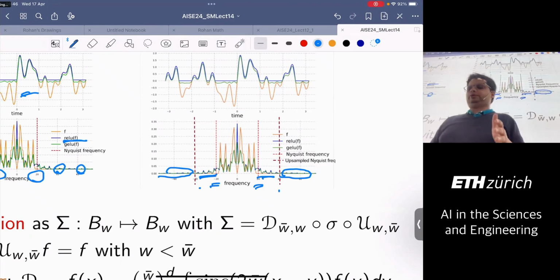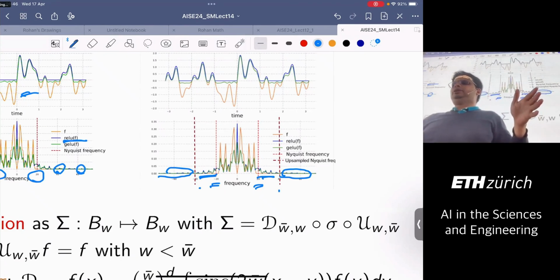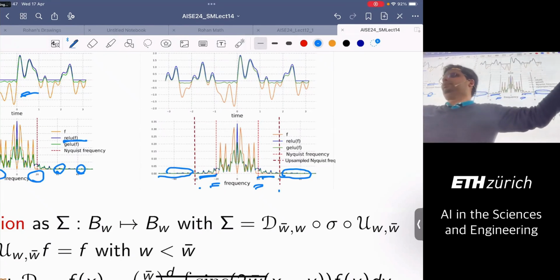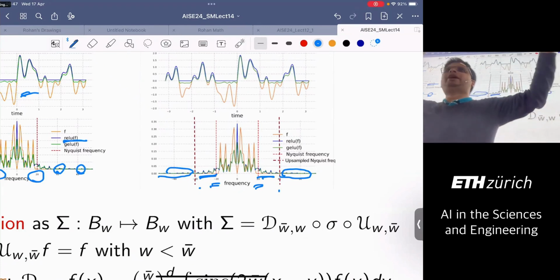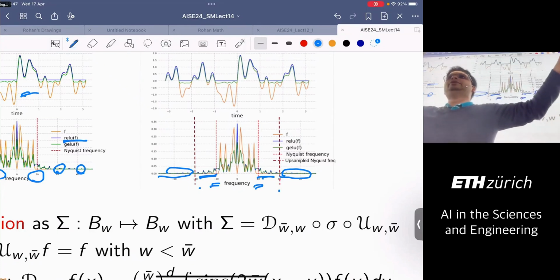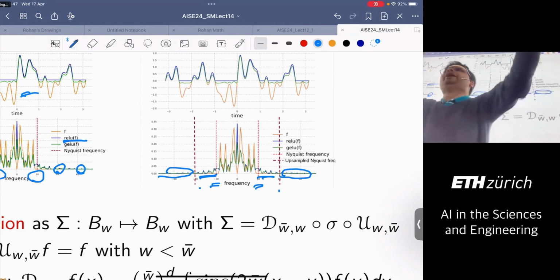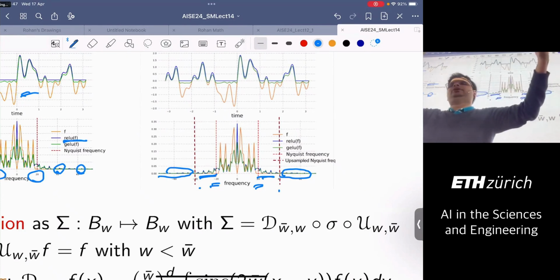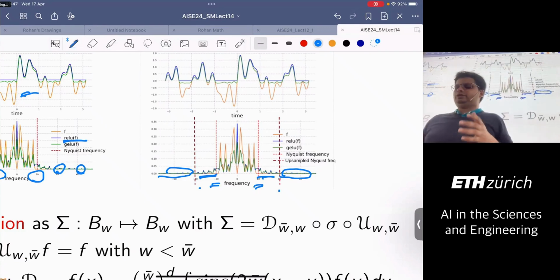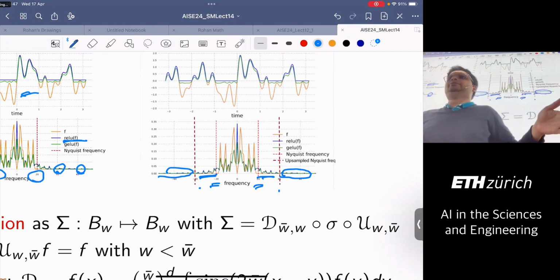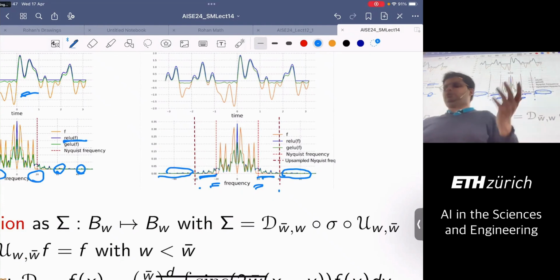So what if we start with a function, allow it to have higher frequencies, artificially, potentially, apply the nonlinearity with these high frequencies, and then bring it back to your original frequencies by using a low-pass filter, typically? This kind of an arrangement will leverage the fact that new frequencies are created by sort of stemming it in the beginning. We say, okay, fine, new frequencies are created, so what? Because I allow for that. So this is roughly the intuition behind it.